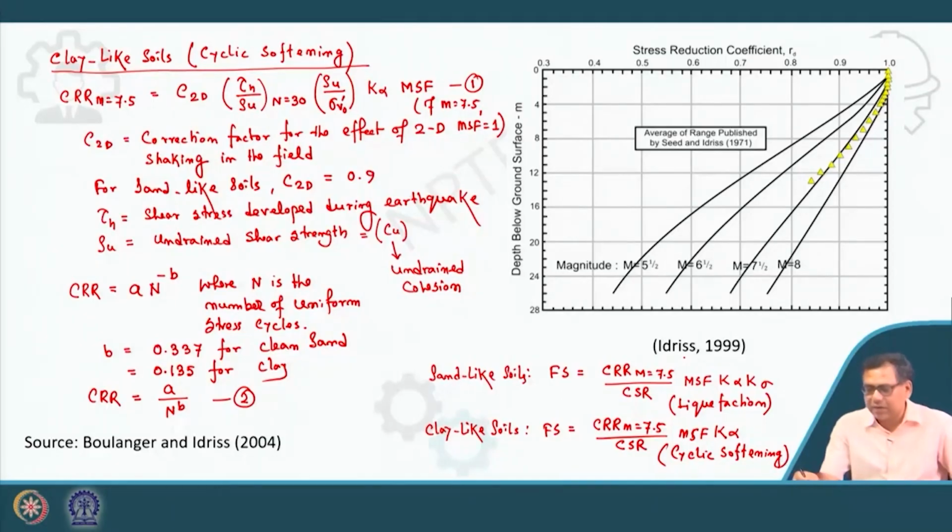I have already discussed this chart in my previous lectures, so you can use it to calculate the stress reduction factor r_d.